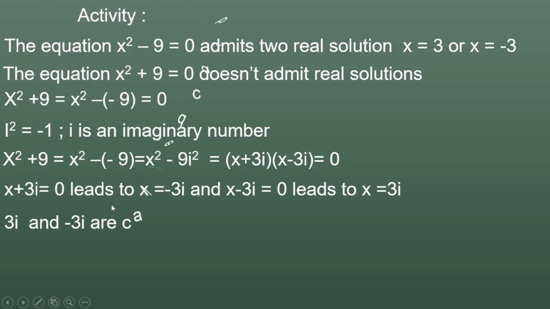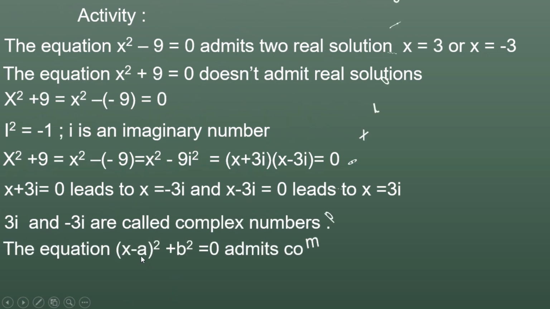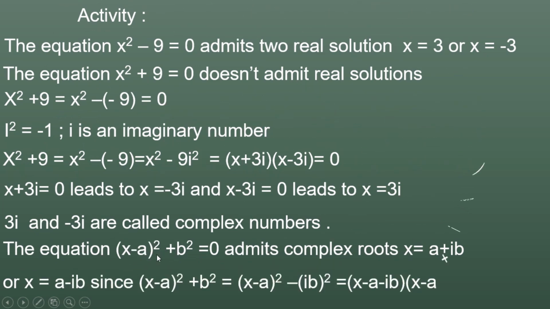In general, if we take the equation (x minus a) squared plus b squared equals 0, the (x minus a) squared plus b squared can be written as (x minus a) squared minus (ib) squared, like this. I squared equals minus 1, we go back to plus b squared.